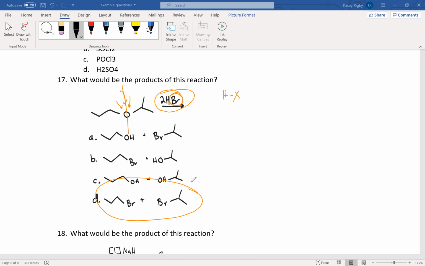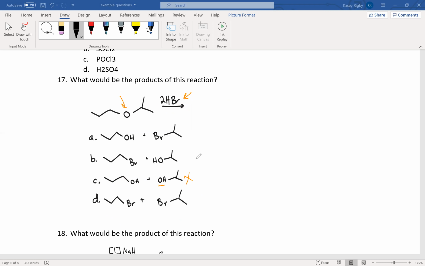We can also understand this logically, because if we start with 2 HBr, we cannot end up with an extra oxygen here. We start with 1 oxygen, so where did this second oxygen come from? That's logically wrong.